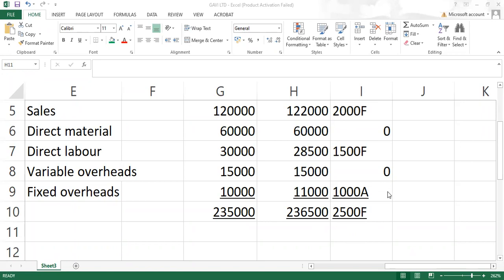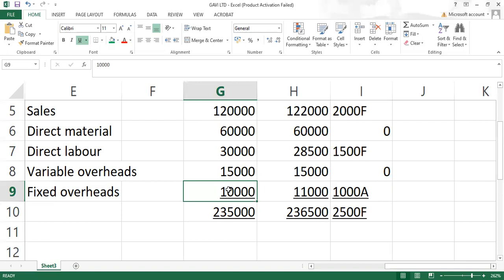I was about to ask about the fixed overhead that you said you don't flex. Yes, that's why we are repeating the budgeted one. The fixed one, we work it the same way as the earlier one.